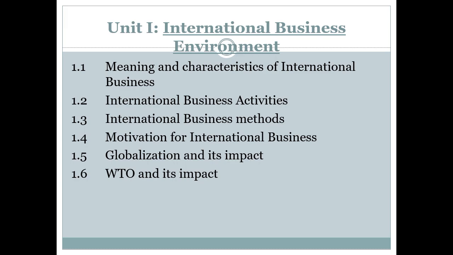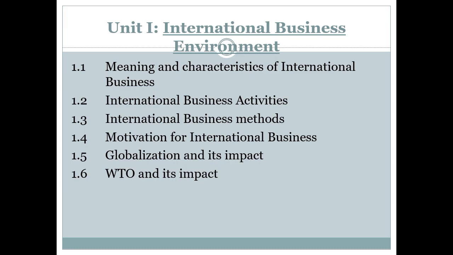So we will go through this organization, as well as we will see the positive as well as negative impacts of WTO on international trade. Whether it affects, whether it stimulates, whether it strengthens or not. We will see this.